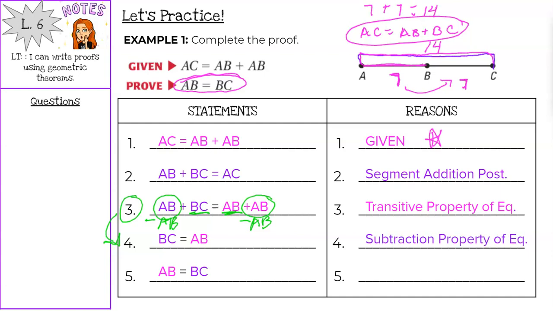And then lastly, we just flip-flopped AB and BC to the other side of the equal sign. And the reason we can do that is our symmetric property of equality. So we were given AC equals AB plus AB, and we showed that AB then equals BC.